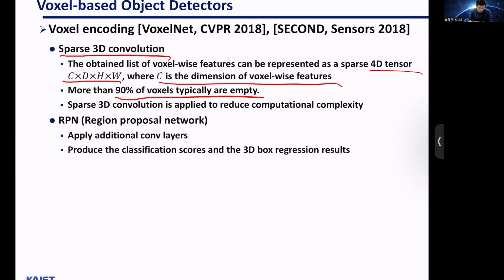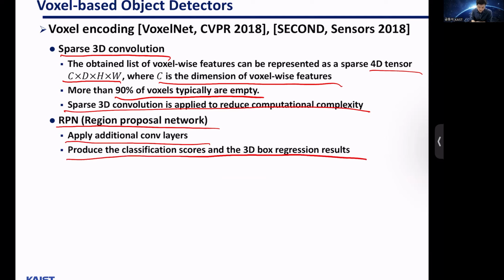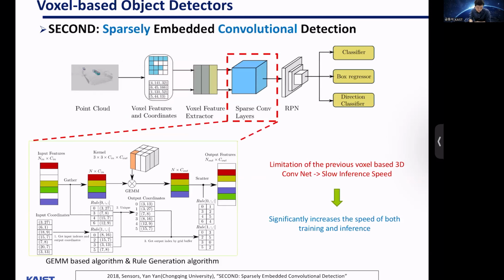What it means is that we are not going to compute the feature extractor for those empty spaces. Region proposal network: apply additional convolution layers and produce the classification scores and the 3D box regression results. So this is the sparse convolution layer.